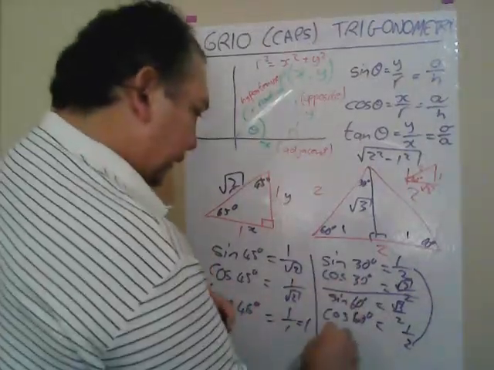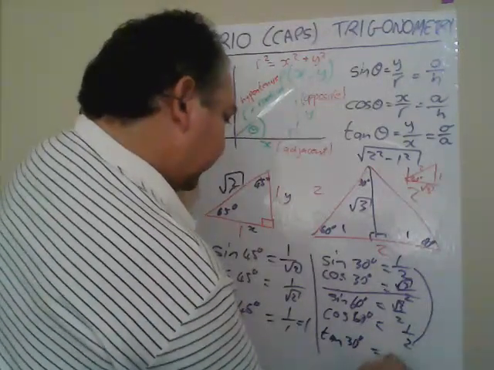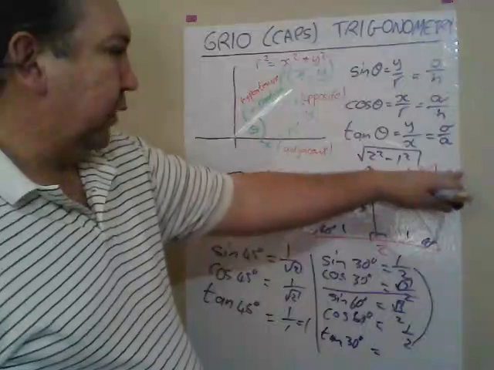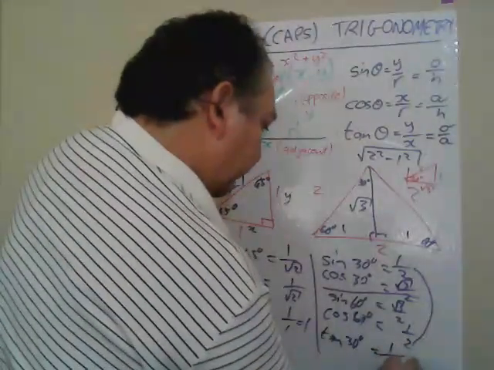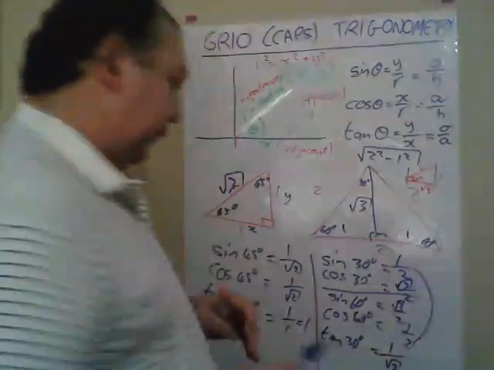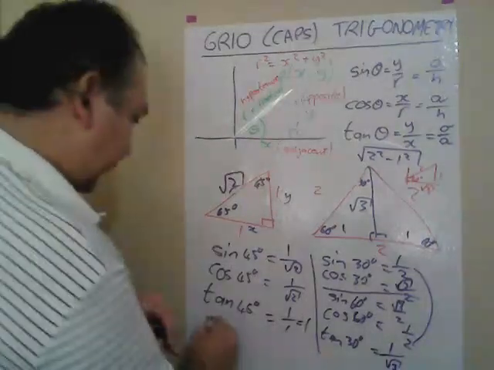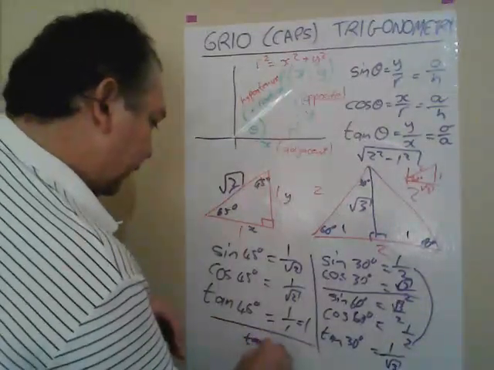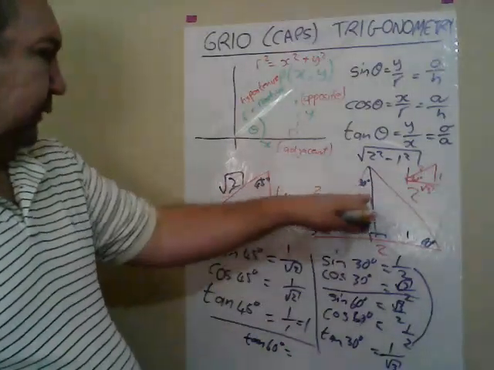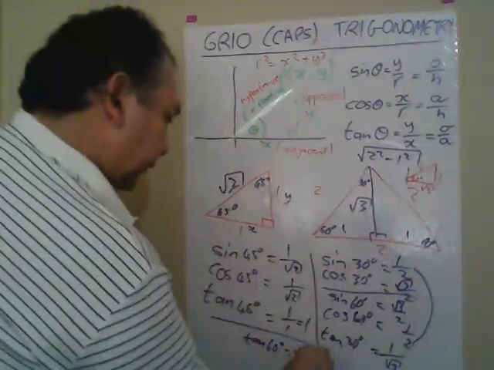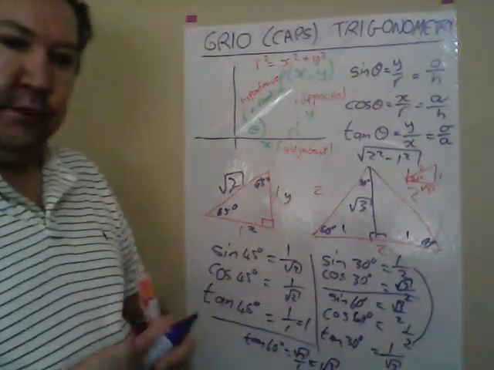Then tan of 30 degrees will be opposite over adjacent, y over x, which is 1 over square root of 3. And finally, tan of 60 degrees will be opposite over adjacent, square root of 3 over 1, which is square root of 3.